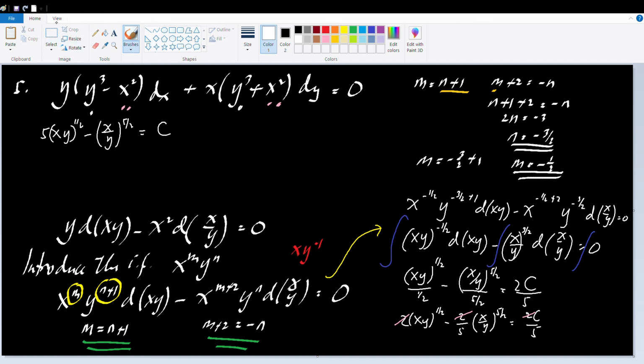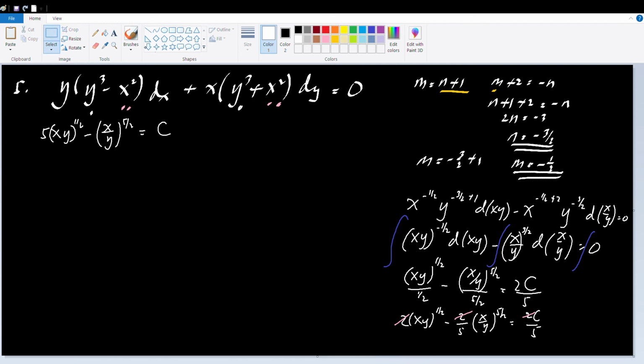We do not want to see rational exponents, so let us do some more simplification. Okay, so that will become 5x to the 1/2 y to the 1/2 minus x to the 5 halves y to the 5 over 2 equal to c.